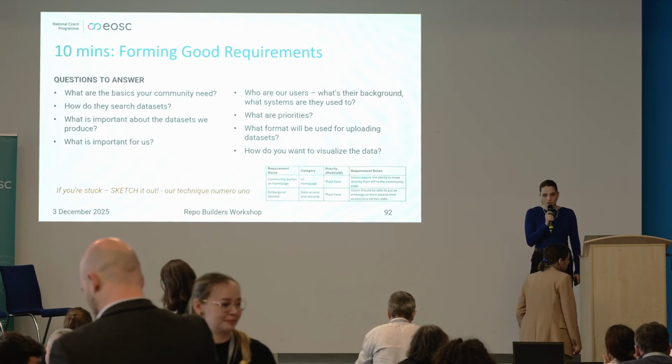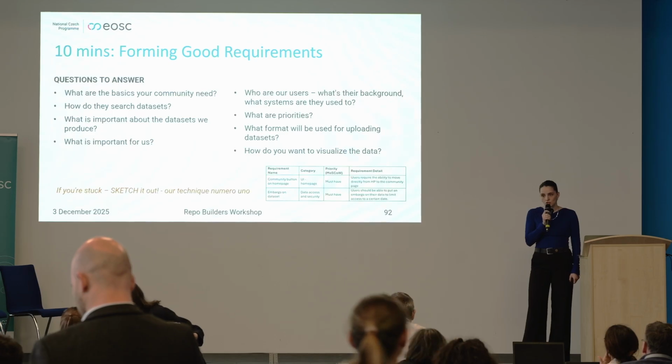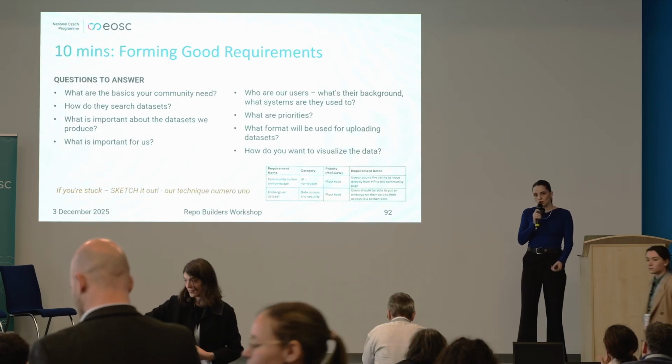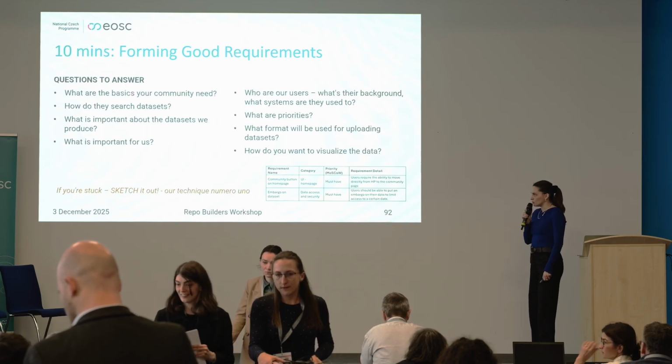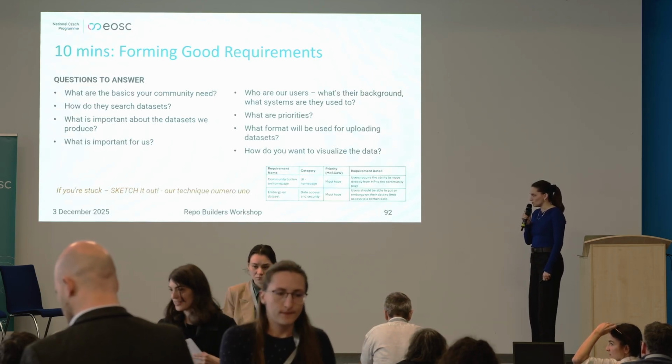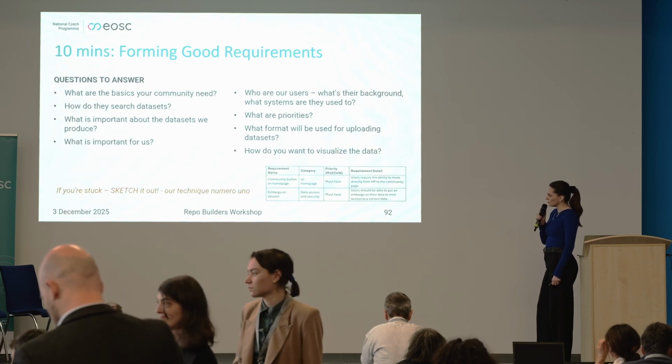You can also do it individually and then compare it together, but we really suggest you try to talk it through together and think about it out loud, because this really works to share the ideas.